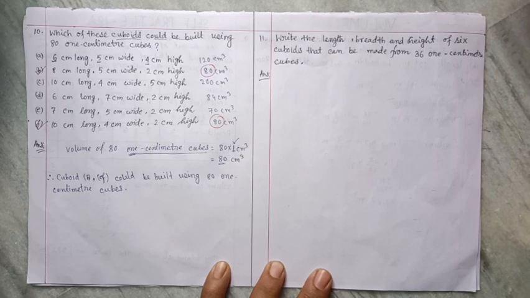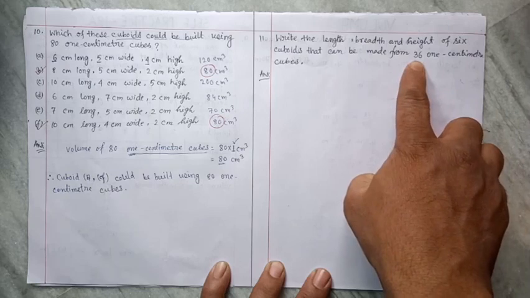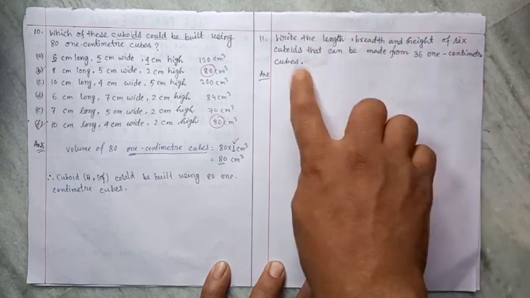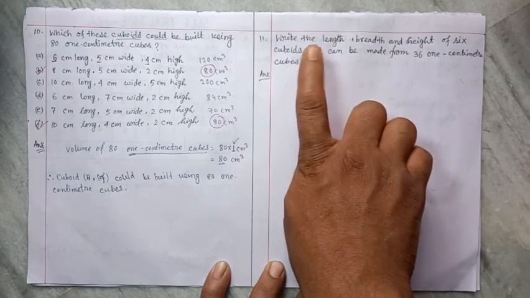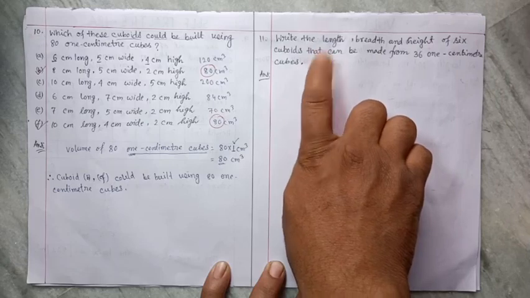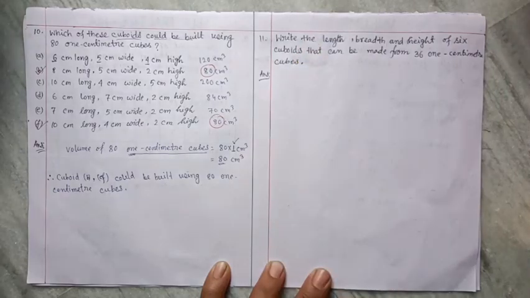So 36 one centimeter cubes' volume will be 36 cm³. Is it clear? So you have to find 6 cuboids whose volume is 36. I repeat, whose volume is 36, because here you have to use these 36 one centimeter cubes, and the volume of the cubes will be equal to the volume of the cuboid.